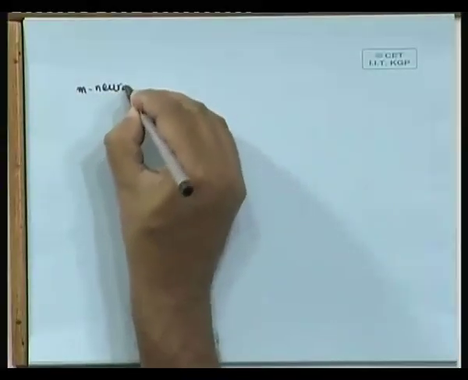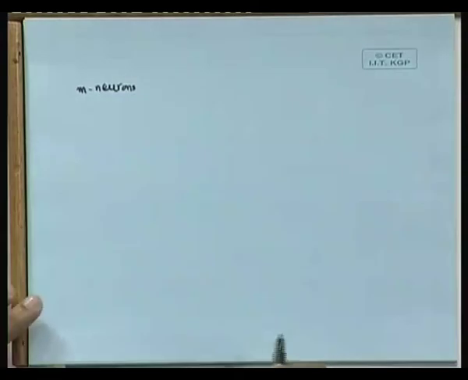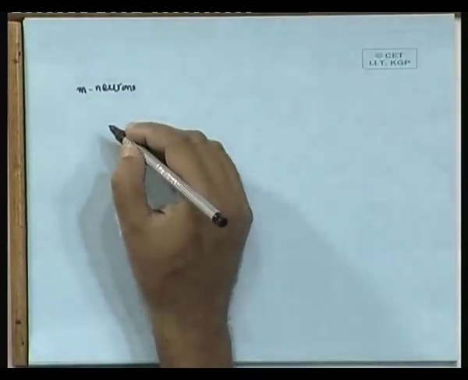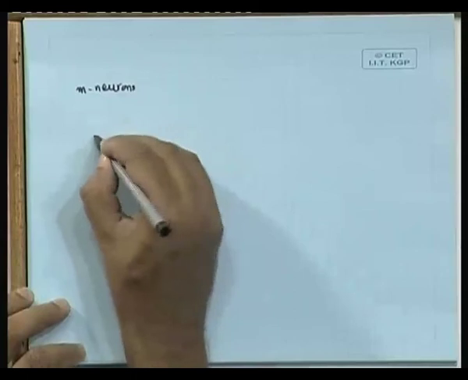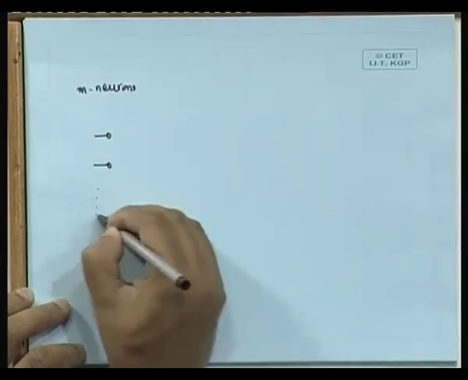Let us take a certain number of neurons. Let us say that we take M neurons, which are interconnected in an associative memory way. So, what we will be having in that case is, let us first consider the input layer.